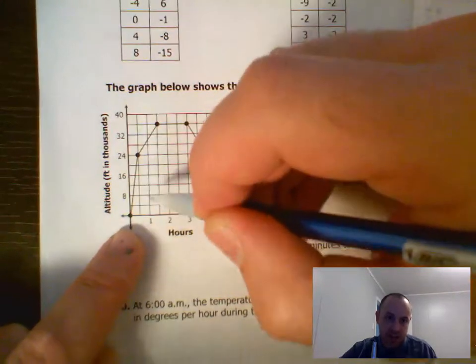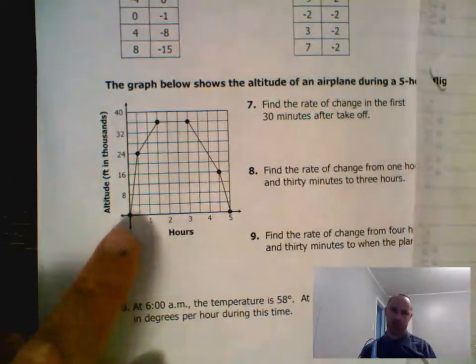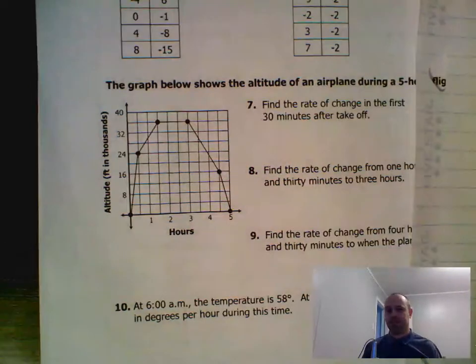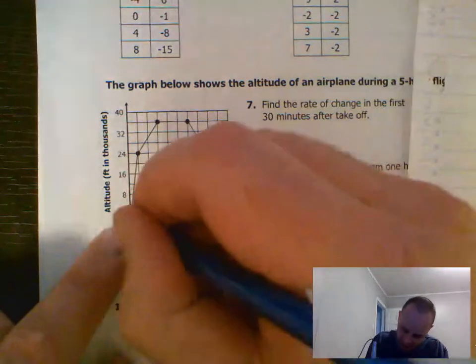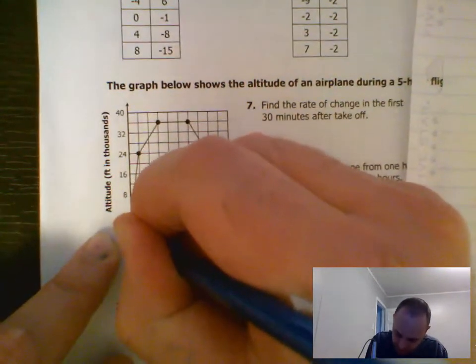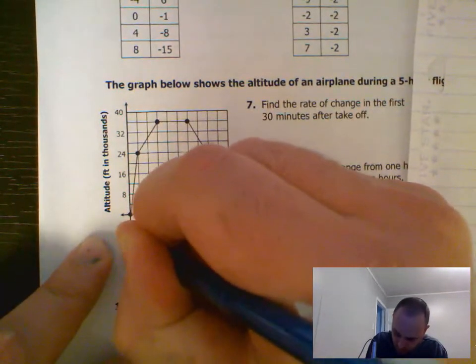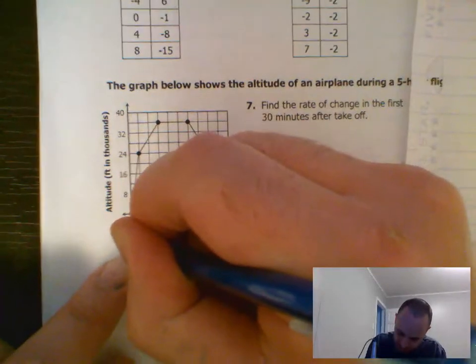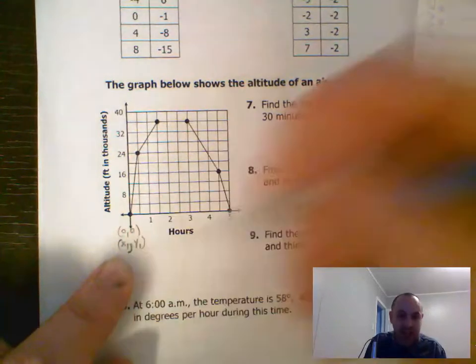Okay, so you can think of it as like rise over run. If you wanted to, you could make this point 0, 0, right? And that's x1, y1. That's like x1, y1.